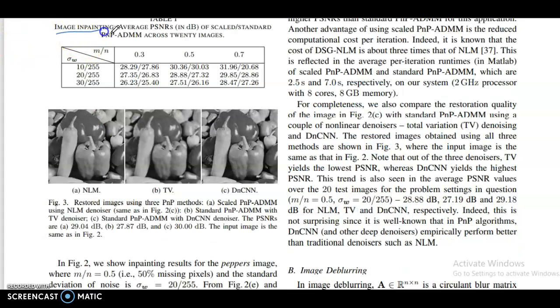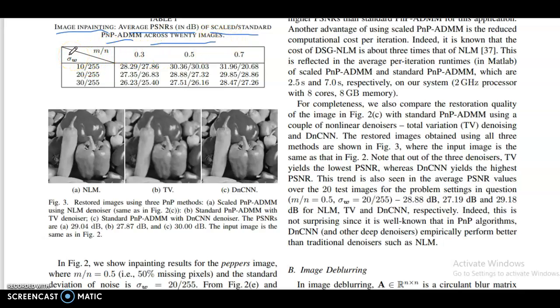Image inpainting average BSNRs in dB of scaled and standard PnP-ADMM across 20 images.